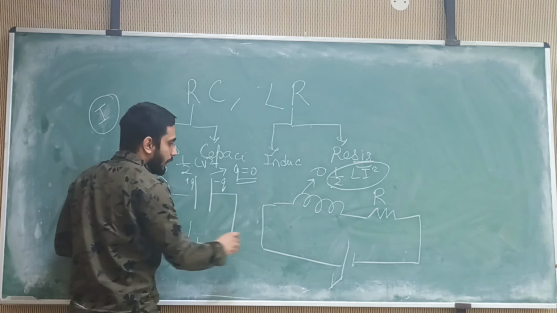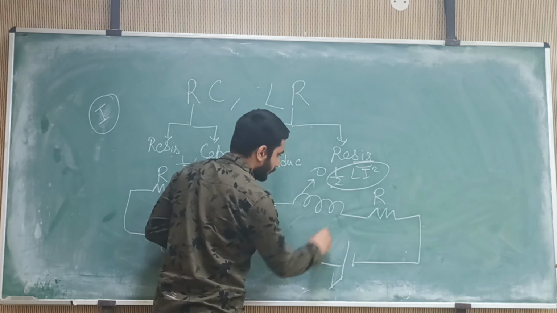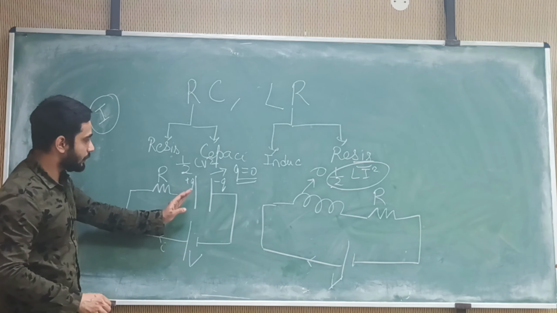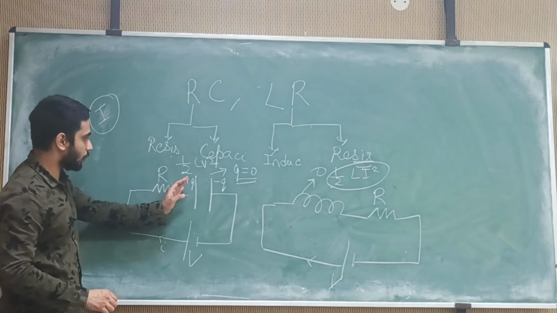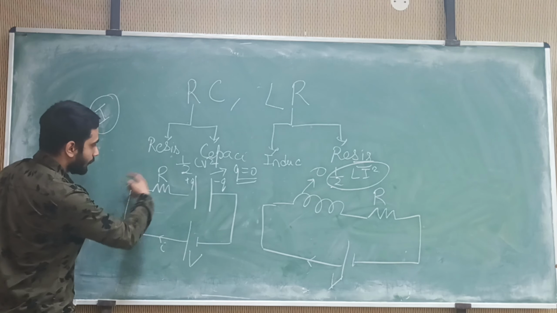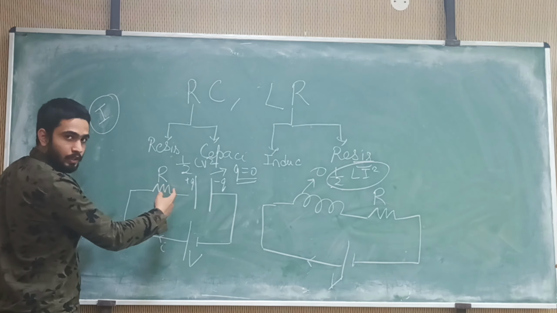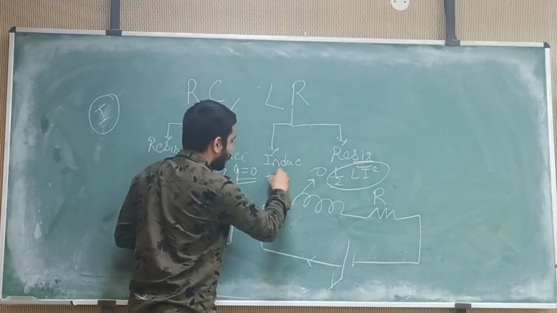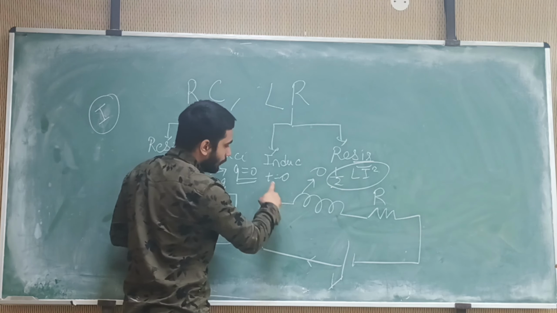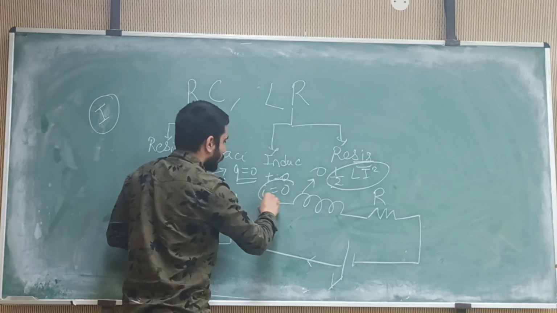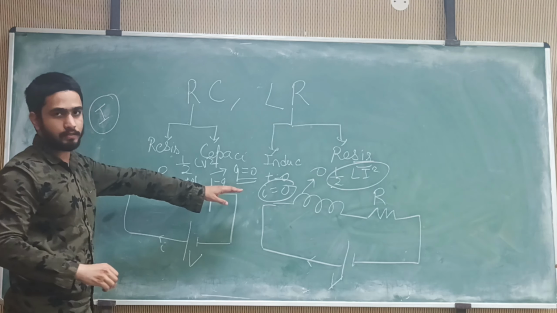Since it is initially discharged, the current will flow in this direction. But in the LR circuit, at time t equals 0, the current will not flow, or the current will be equal to 0.